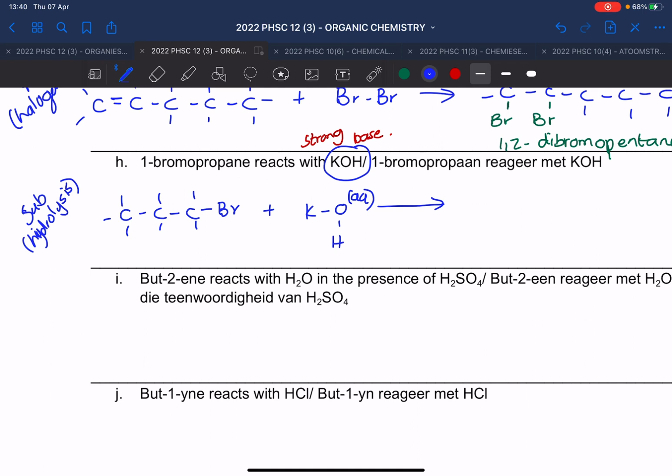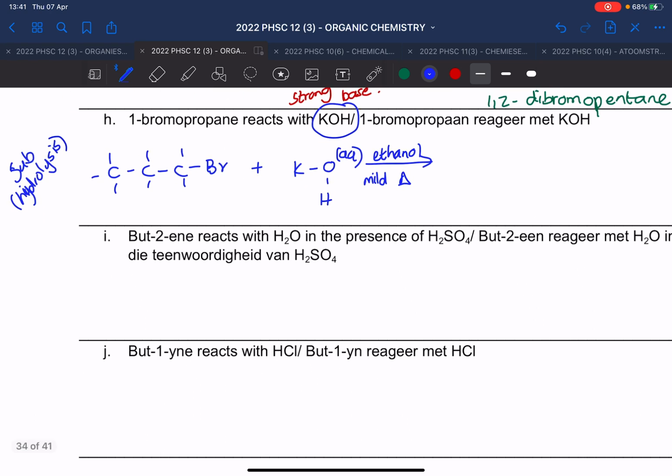What else? You must give me 3. Mild heat. So be specific. Mild heat. What else? There must be ethanol. The whole thing must be dissolved in ethanol.